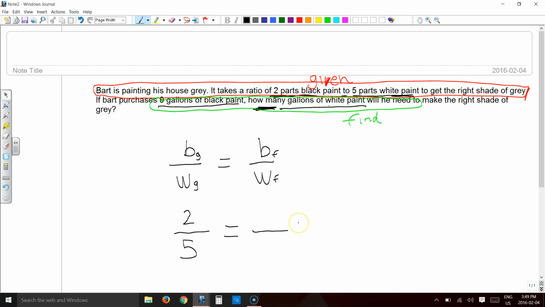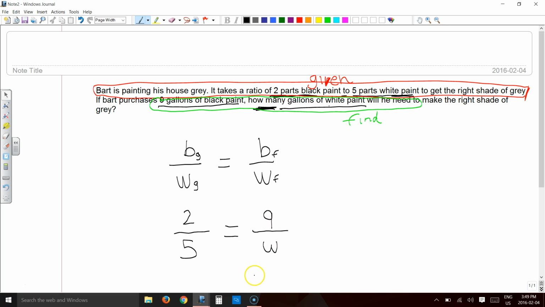That's the same comparison, same relationship, as the amount that he's going to mix for the house. In the finding information, do we have the black? We do actually. We have 9 gallons of black compared to how many gallons of white? We don't know, so let's just leave it as W. Now we have a basic proportion set up here. 2 compared to 5 is the same as 9 compared to what?